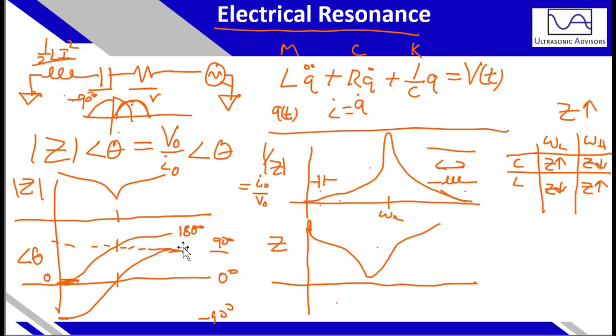And if we have a higher resistance here, we're going to have a lower peak magnitude. If we look at impedance, it will result in a lower minimum. So let's just draw this again. If you have low resistance, you'll have a lower impedance, which would obviously mean more current.